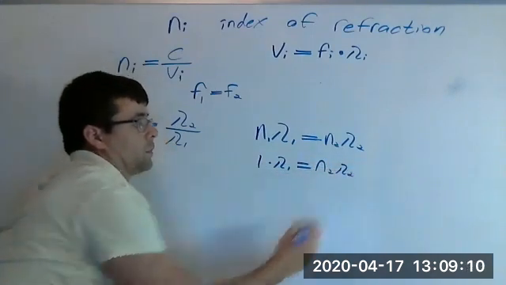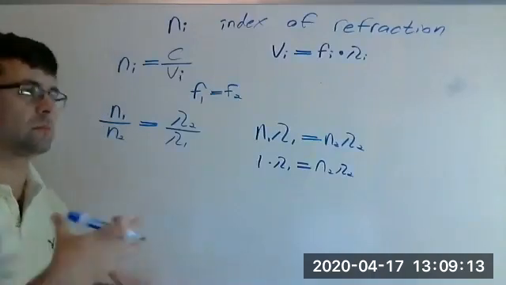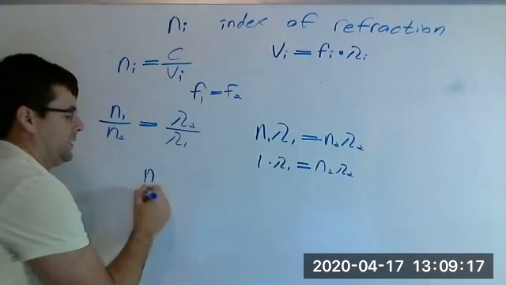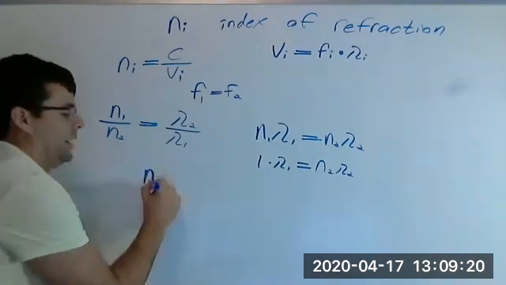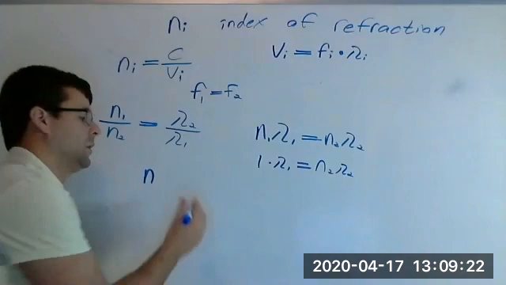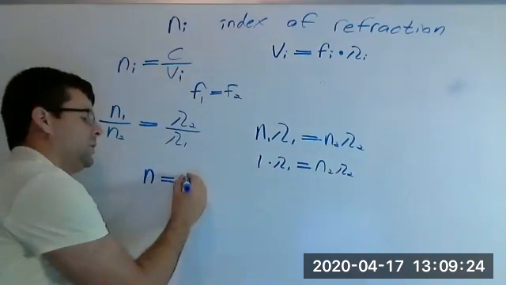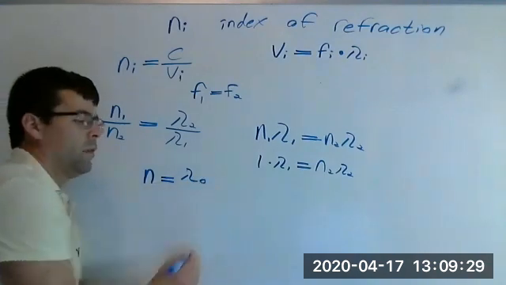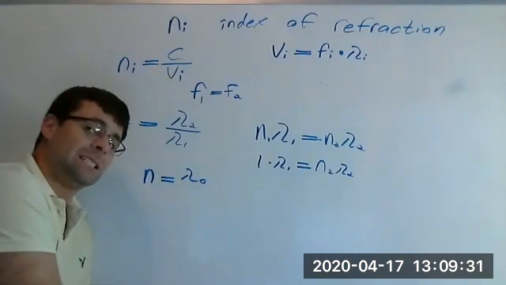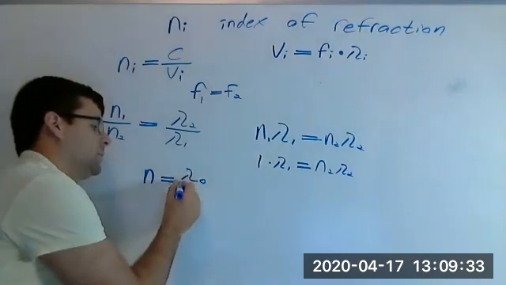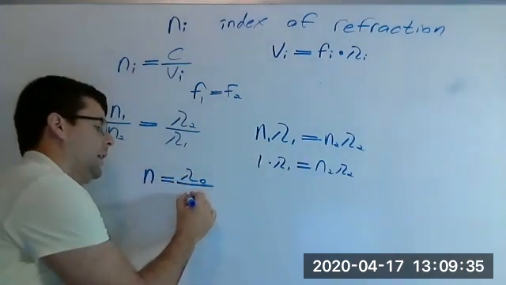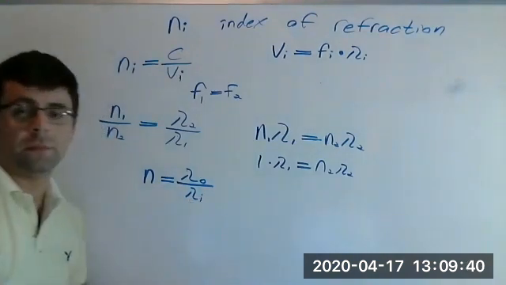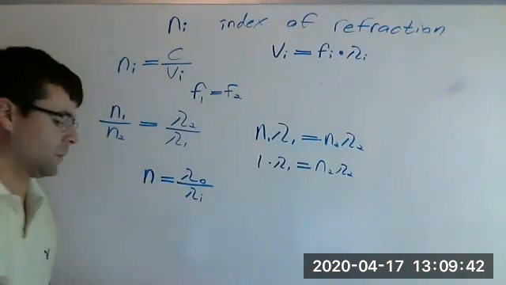And to repurpose this, the index of refraction of whatever thing you're talking about is equal to the ratio of the wavelength of light in the air and the wavelength of light in the medium.